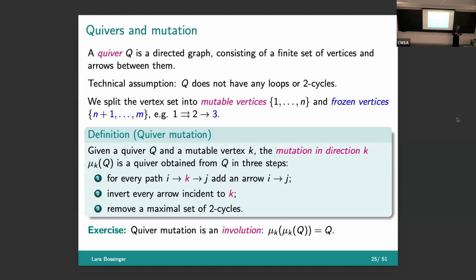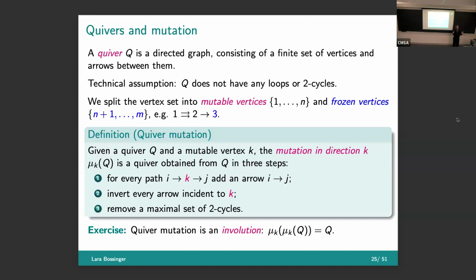The first step is considering all the oriented paths of length 2 that pass through my mutable vertex. So for any such path, if k is my mutable vertex, any path i, k, j, I add a direct arrow i to j omitting the mutable vertex in the middle. In the second step, I invert all the arrows that are incident to my mutable vertex k. And in the third step, as steps 1 and 2 might result in creating oriented 2-cycles, I remove a maximum collection of 2-cycles from my quiver.